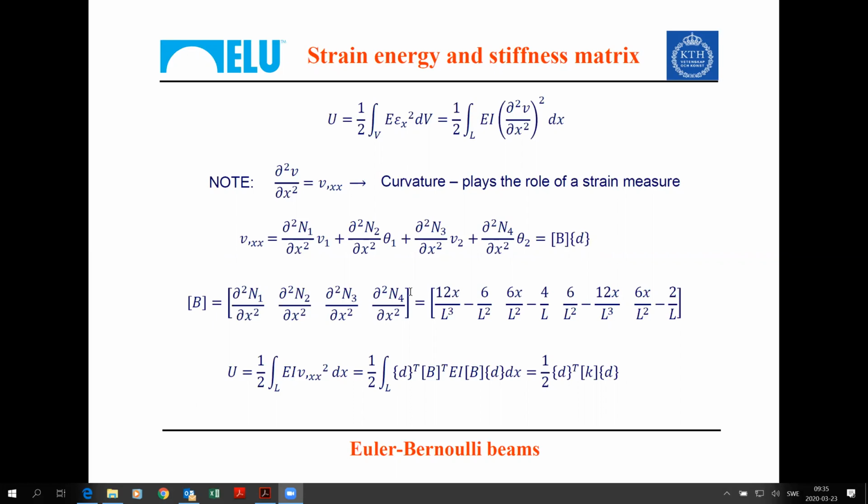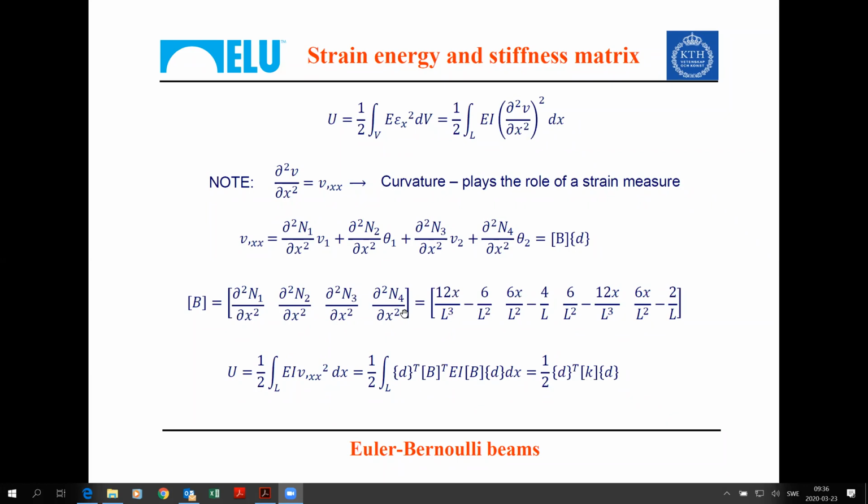So we just have to differentiate twice these third degree polynomials with respect to x. And what we obtain is the vector shown here on the slide, 12x over L3 minus 6 over L squared, 6x over L squared minus 4 over L, and so on and so forth. As you see, now the matrix B is no longer constant, it's a function of x.